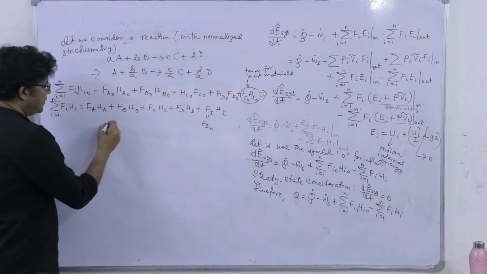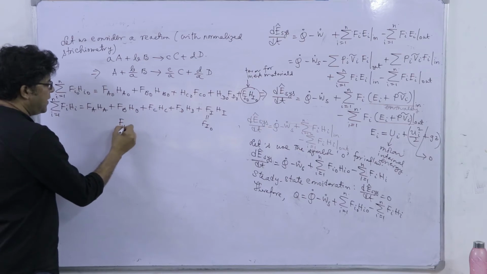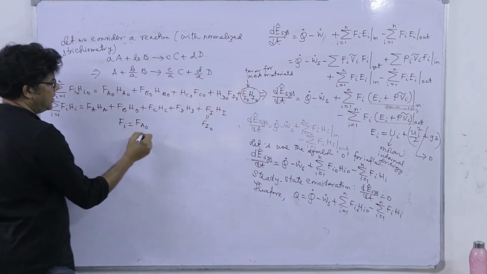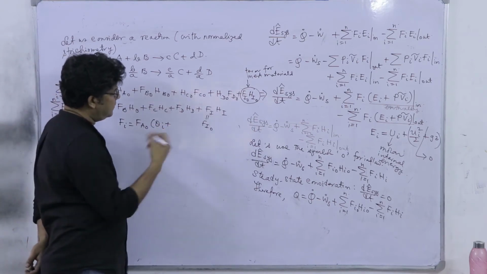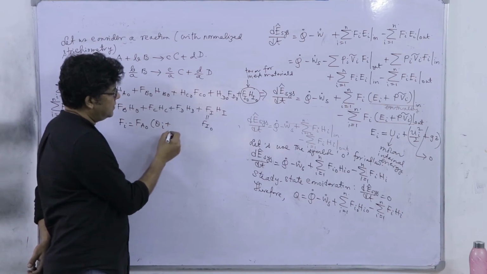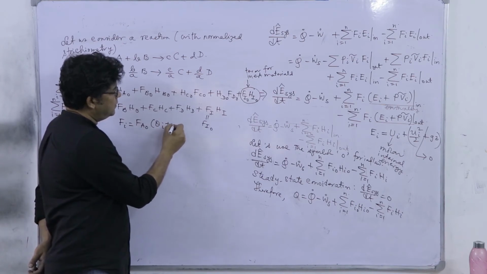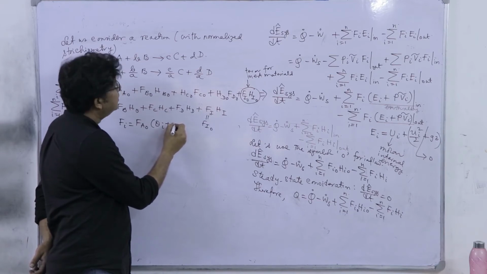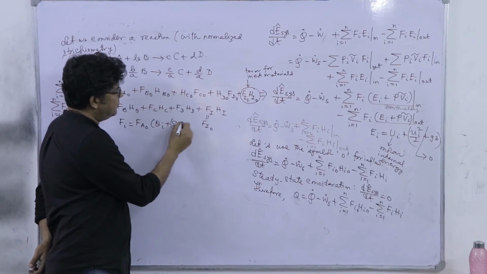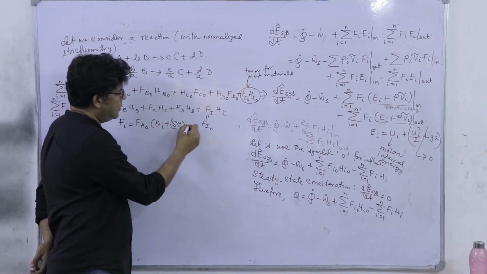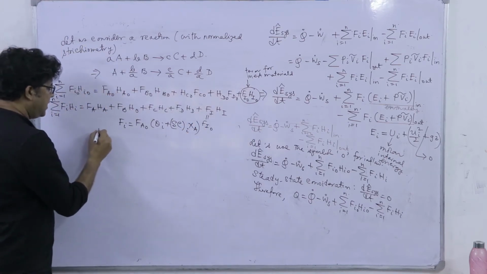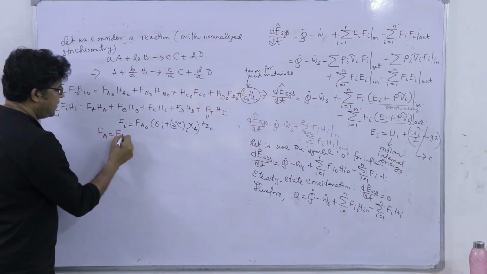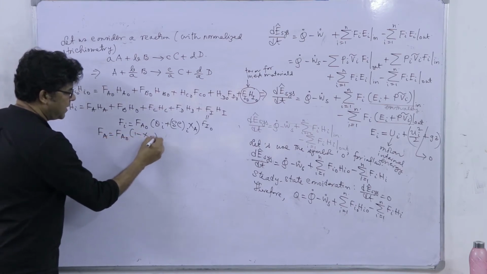Now, you see this Fi, we can write it as Fa0 into theta i plus the respective stoichiometric coefficient for i in normalized form multiplied by Xa. So what does it mean? Fa we can write as Fa0 into 1 minus Xa, it is fine.